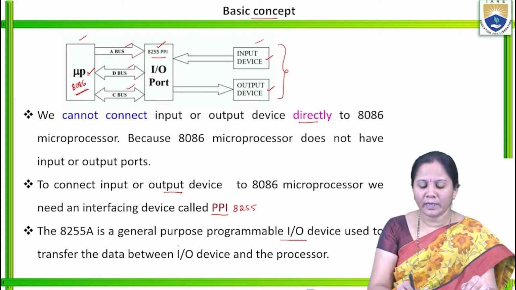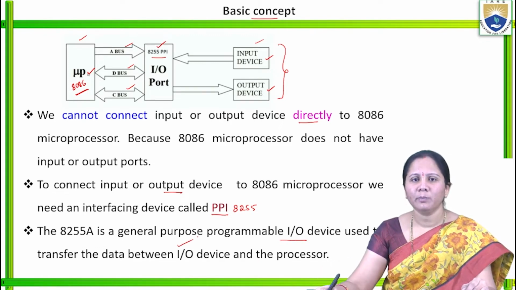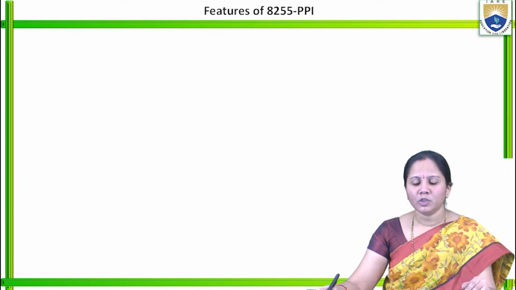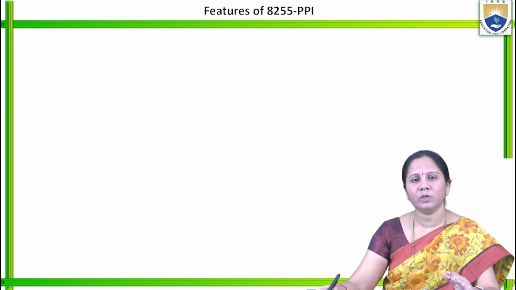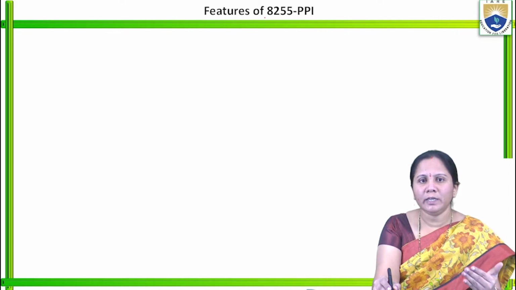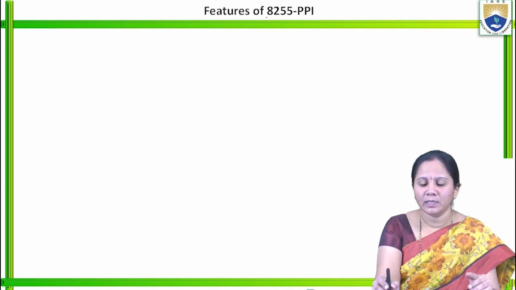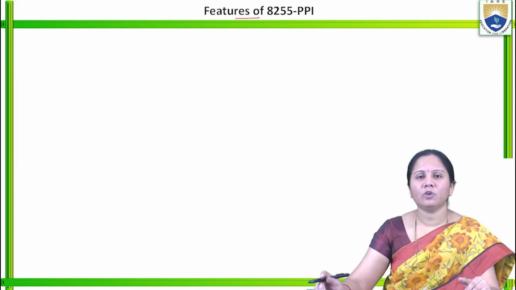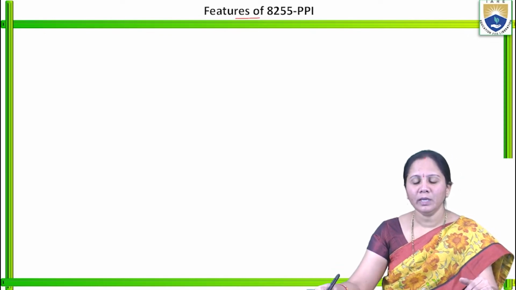It is used for data transfer between I/O devices and the processor. That is the main concept behind using the 8255 IC. To connect I/O devices to the 8086 microprocessor, it is possible only by using the 8255 PPI IC as a mediator IC. That is the main need of using the 8255 IC. Now, we will see the features of this 8255 IC, PPI, Programmable Peripheral Interface.